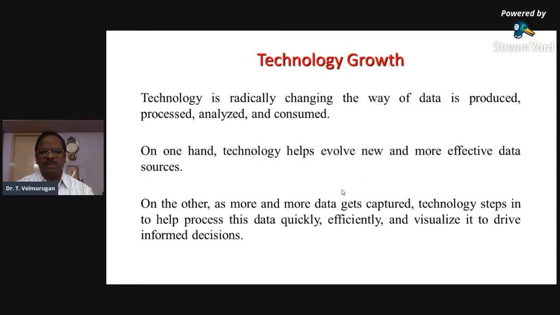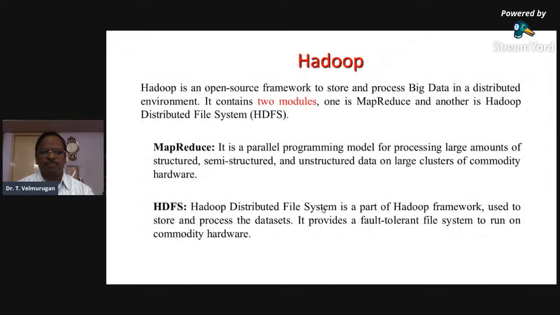They are utilizing the available data in the internet as well as in different databases, data warehouses, data mart repositories for their purpose alone. On the other hand, more and more data gets captured every day, every second, every minute. Technology steps in to help process this data quickly, efficiently, and visualize it to drive informed decisions. This is the requirement of the technology growth.